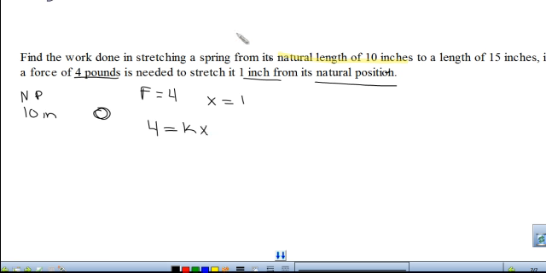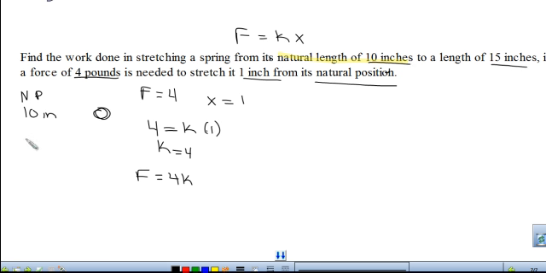Remember, the force of a spring is k, the constant depending on the spring, times x. So since x is 1, k is 4. So the force of this spring would be 4x. Now we want to find the work done by stretching the spring from its natural length of 10 inches to 15 inches.